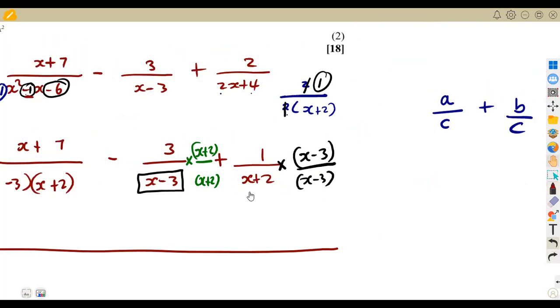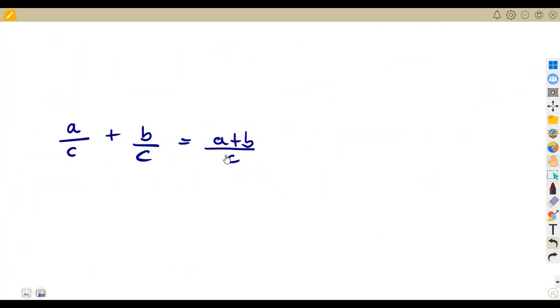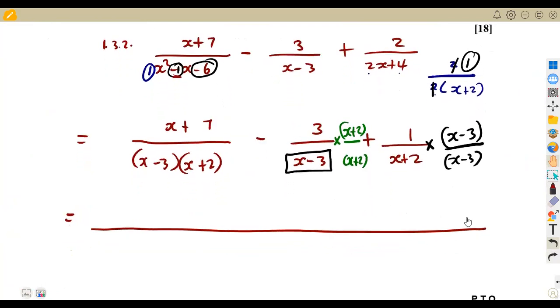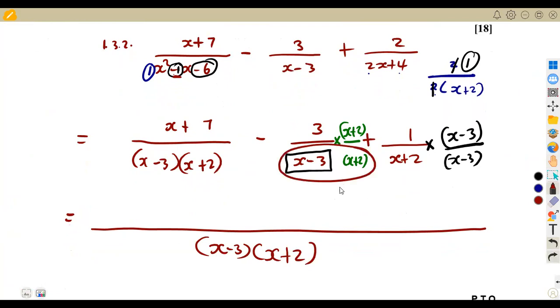Just like it was C before, everything is now over the common denominator that we see throughout, which is x minus 3 into x plus 2. So this is the same as what we now have here.